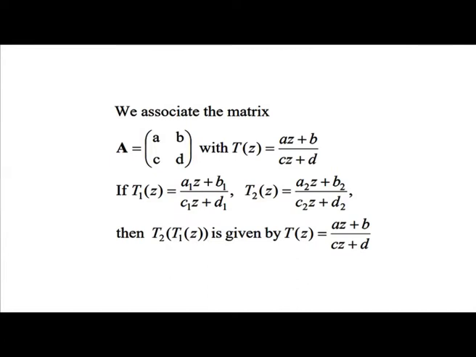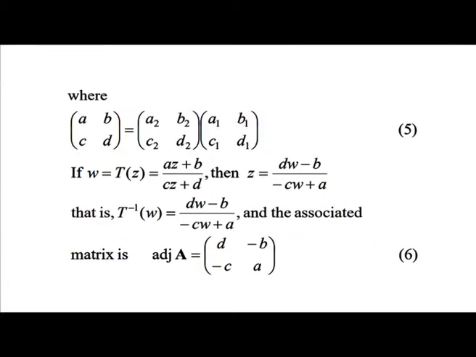If T1(z) is (a1z + b1)/(c1z + d1) and T2(z) is (a2z + b2)/(c2z + d2), then T2(T1(z)) is given by T(z) = (az + b)/(cz + d), where your matrix (A B; C D) is nothing but the product of the matrix (a2 b2; c2 d2) into the matrix (a1 b1; c1 d1).